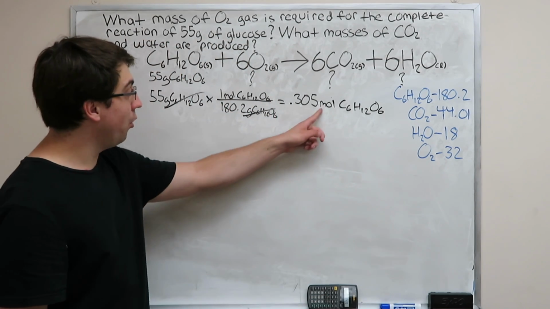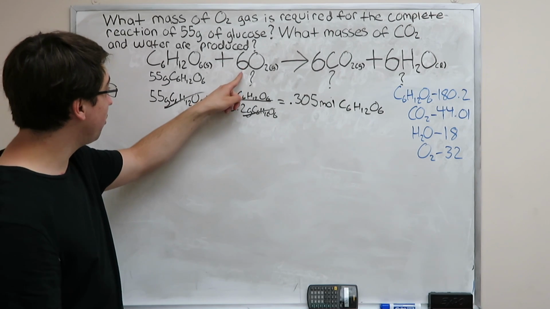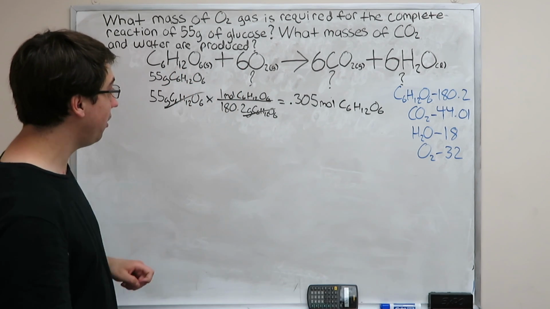Now we need to convert the moles of glucose to moles of oxygen, and for this equation, there is 6 moles of oxygen required for every mole of glucose.